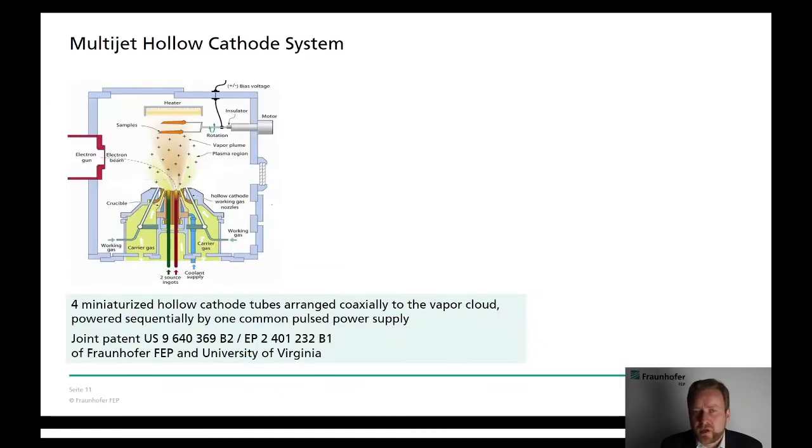A further configuration is the multi-jet hollow-cathode system, which we have developed together with the University of Virginia. It's used especially for actuating the so-called directed vapor deposition process, DVD process. We see the chart on the left side.